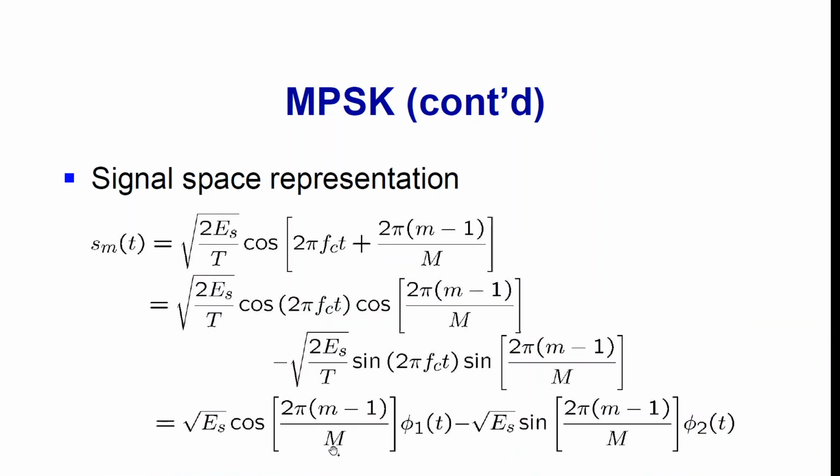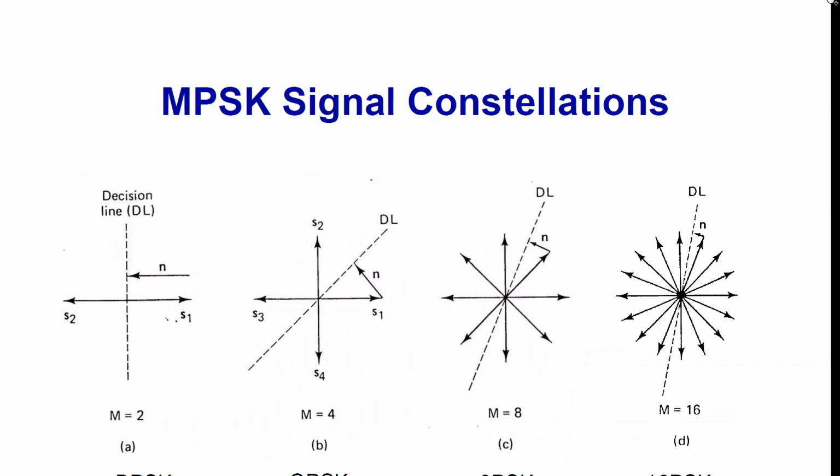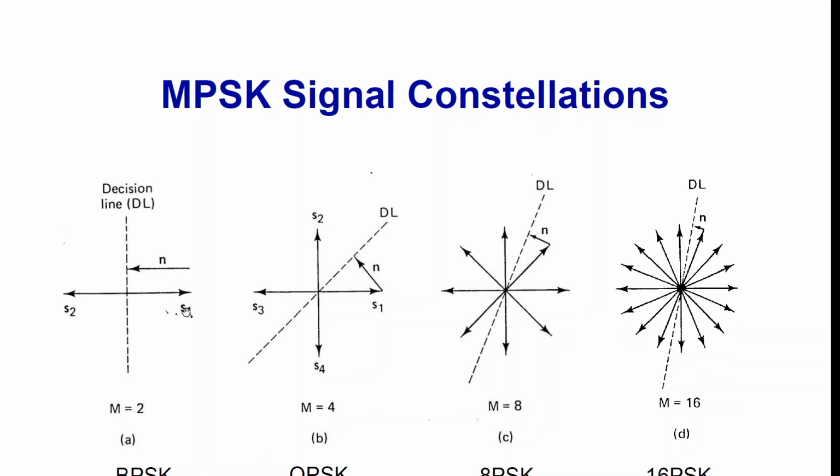Capital M is equal to 2, then the points are root Es cos π. When capital M is 2, you need only a single basis function phi 1 of t, and the points are here 1, 0 and minus 1, 0, that we have already studied for BPSK.